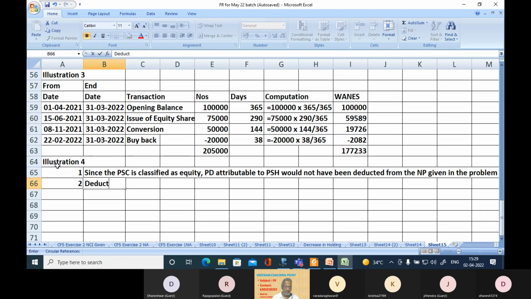So deduct preference dividend as it is cumulative in nature.